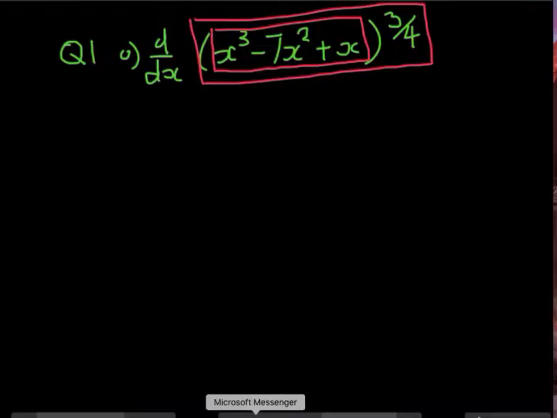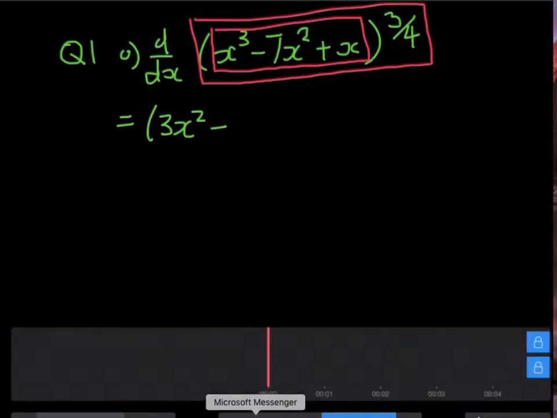So to find the derivative of this expression with respect to x, let's differentiate what's inside the brackets first of all, and the derivative of that part of the expression will give us 3x squared minus 14x plus 1.